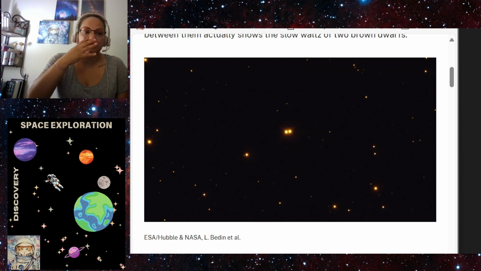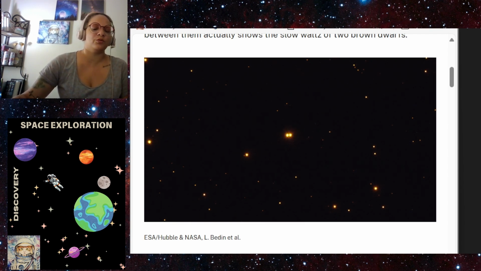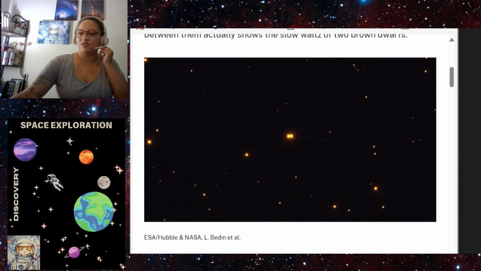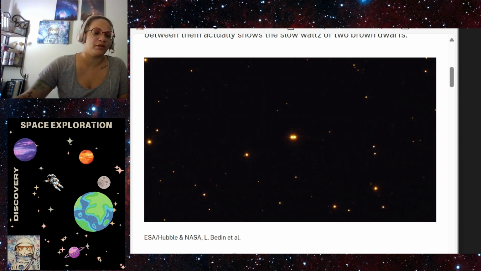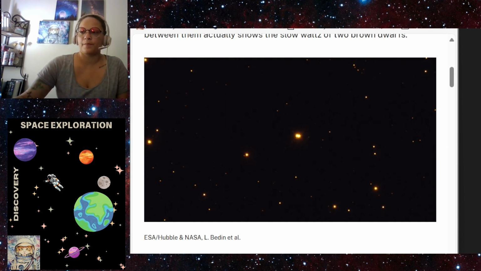But here you can see what they look like over time. They call them the waltzing binary brown dwarfs, and they do look like they're dancing. Because they're so close, we can see their movement a lot better than stars that are a lot farther away, like the stars behind them.